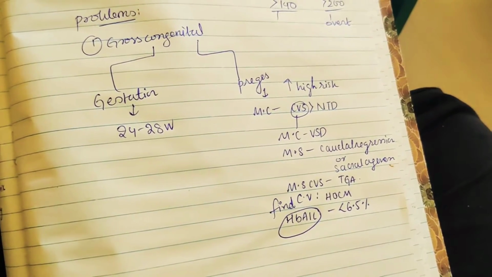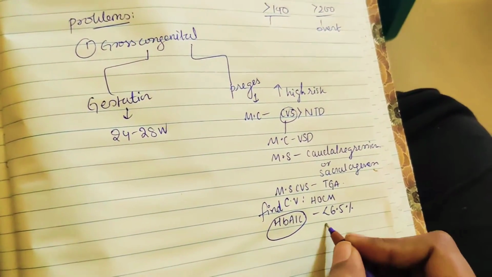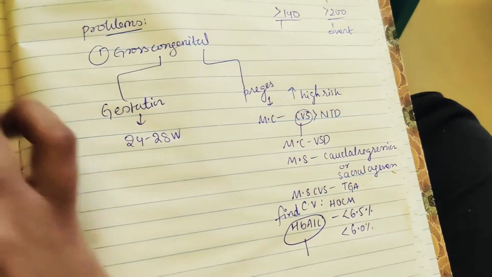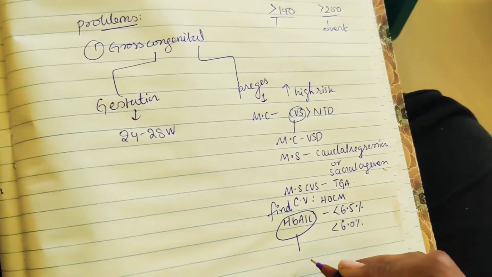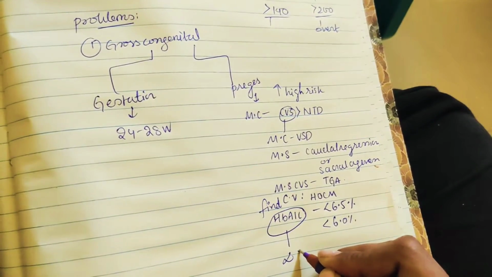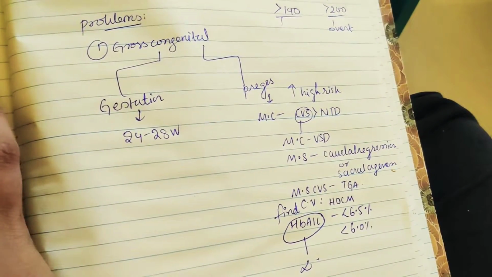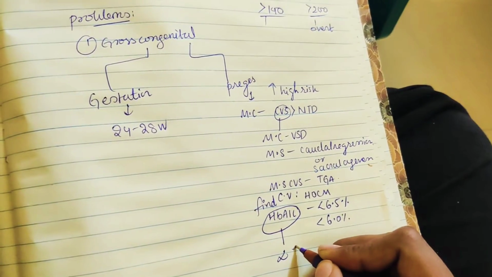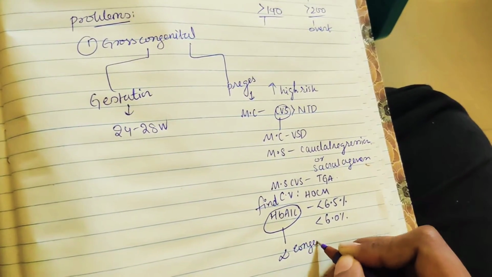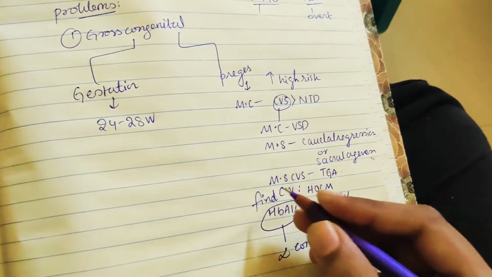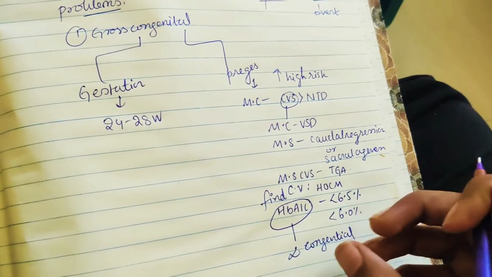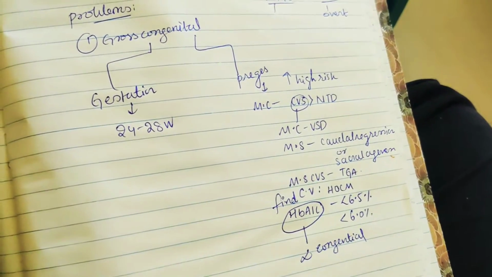At the time of pregnancy, it should be less than 6 percent. So you can say that HbA1c values are directly proportional to the risk of congenital anomalies, because if HbA1c increases, then congenital anomalies increase.